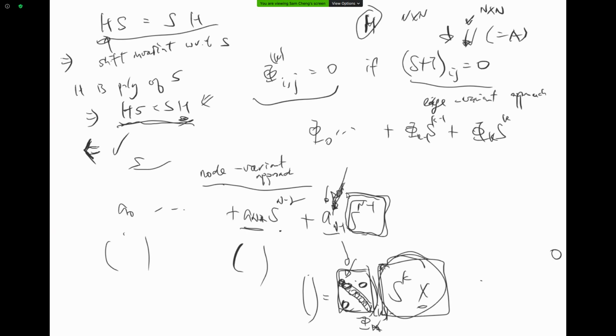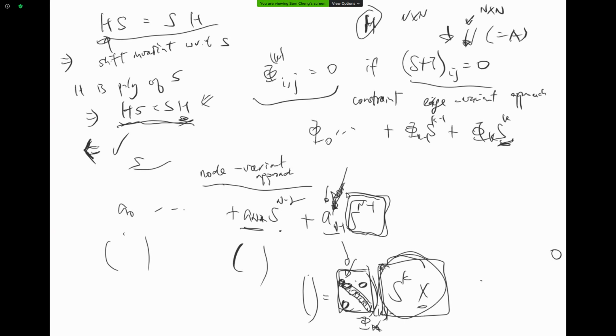And by the way, this is not the most general case. They call this the constraint edge variant approach. And they have a general approach, just called the edge variant approach. Instead, they don't have this shift operator, or you can think of the shift operator as being different every time. So they basically have something like phi 0, phi 1, phi 2, and so on, a product of those.